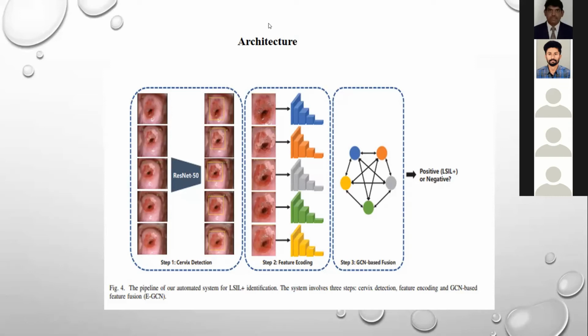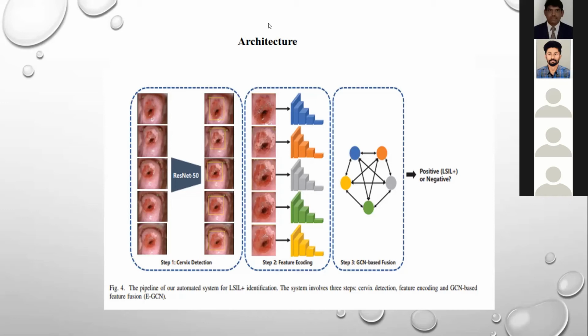Here in feature encoding, these are the original pre-acetic acid images, along with images taken at 60, 90, 120 and 150 seconds after the acetic acid. The colposcopic images at different time slots contain different information.